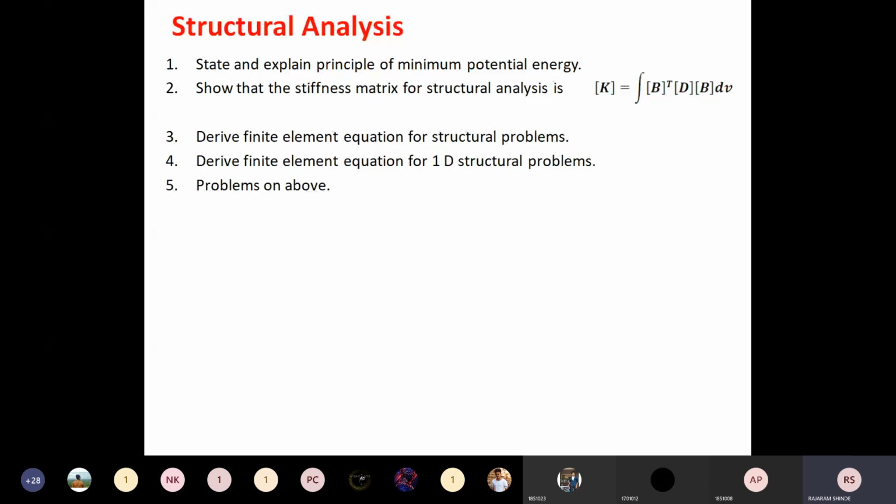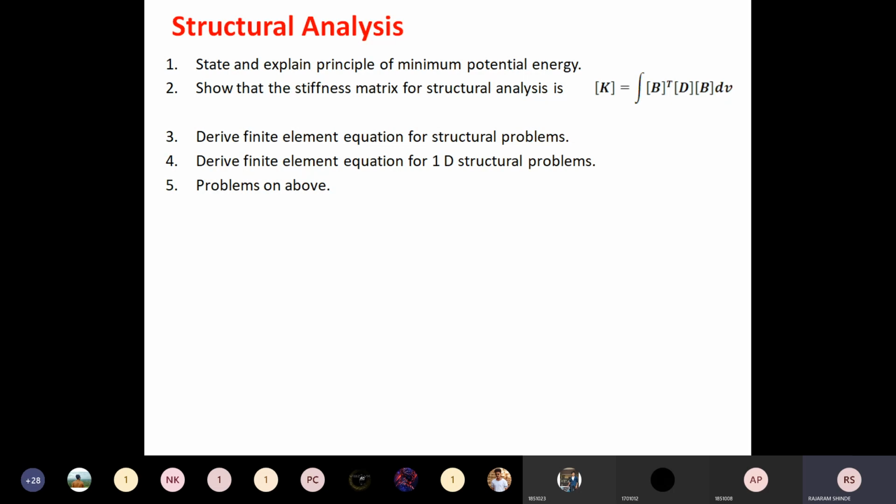And then we are formulating the finite element equation. That formulated equation will be applicable for all elements as well as all types of loads. That means here we are deriving the general finite element equation, and it is a very big equation.